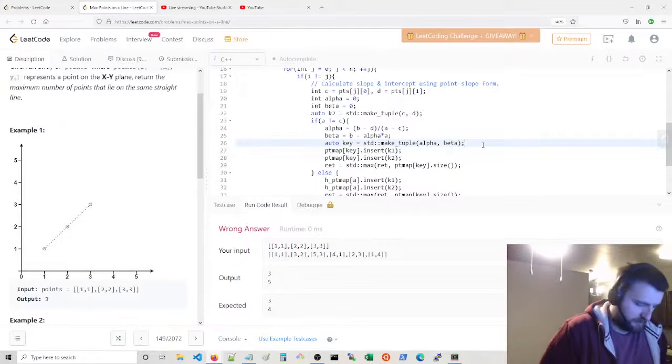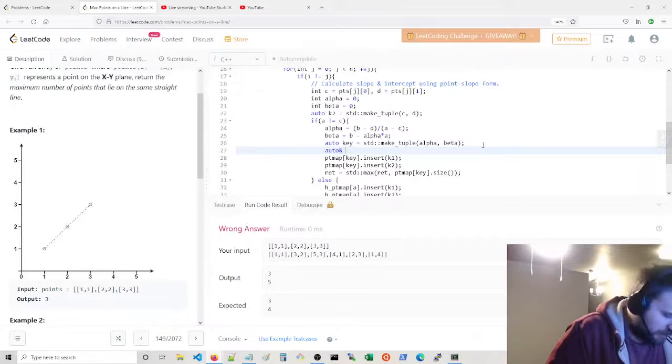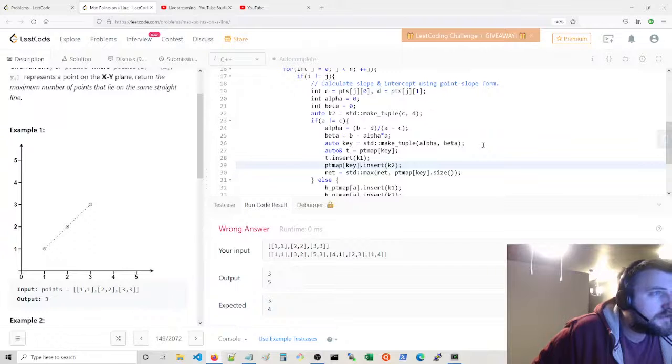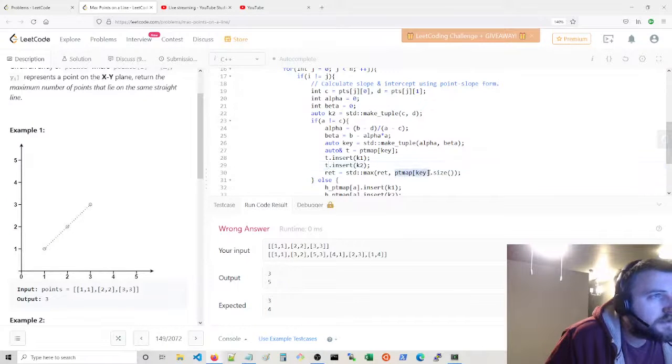We're also going to just say auto reference t, pt map of key. So it should automatically construct pt map of key when needed.